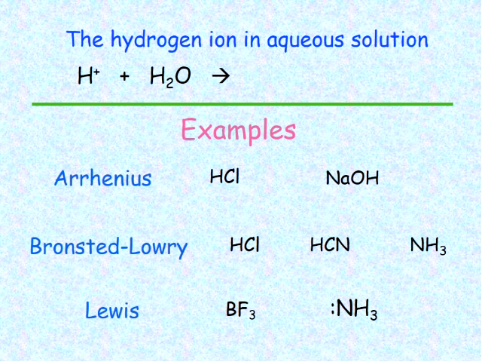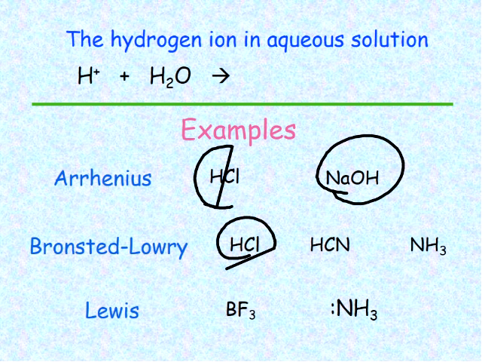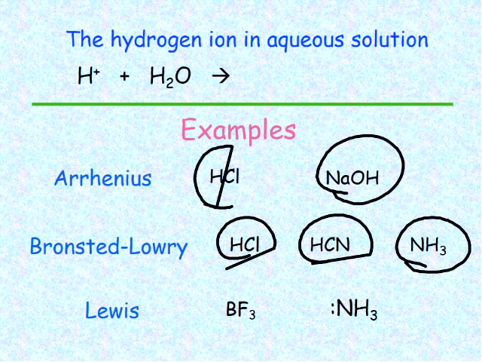So let's look at this. This is an example of how each one of these is written. The only thing you'll notice is that the Lewis one has these weird dots, so if you ever see the dot next to it, it's the Lewis model.